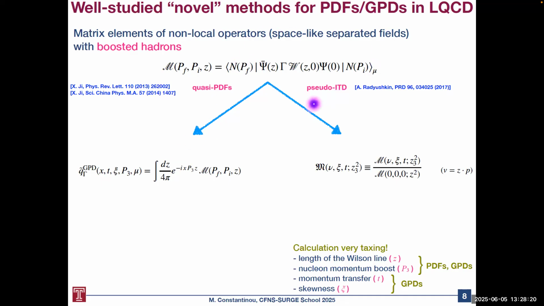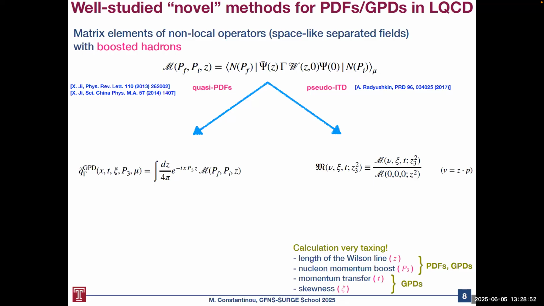It has been proven very rigorously by many different people that these matrix elements have a lot of good properties. And actually, they have properties that are similar to what you find on the light cone. If you look at the actual PDFs and what we call here quasi-PDFs or pseudo PDFs, all of these have the same infrared divergences. And that is great because the infrared regime is not perturbative.